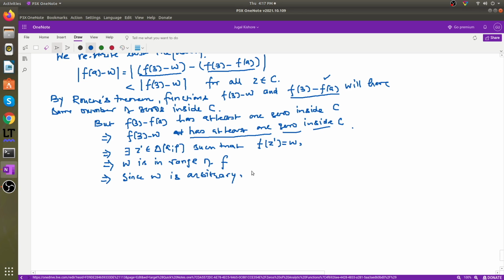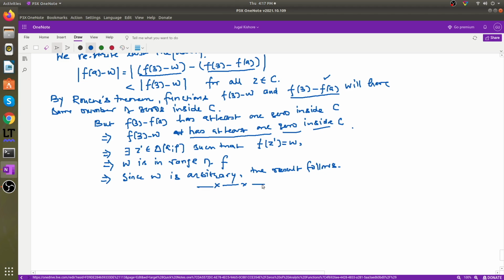That means every point w in f(D) is an interior point, and if every point of f(D) is an interior point, therefore f(D) is an open set. Okay, so that was the proof of the open mapping theorem.